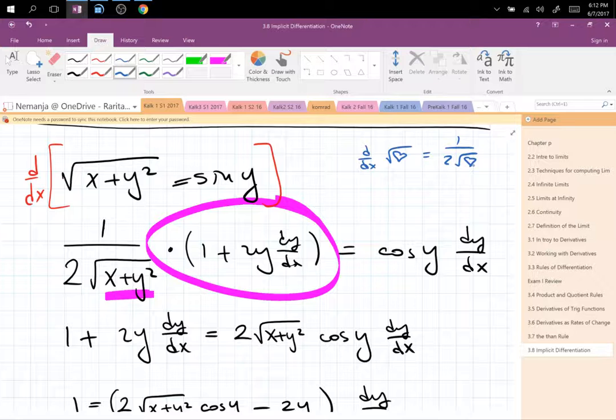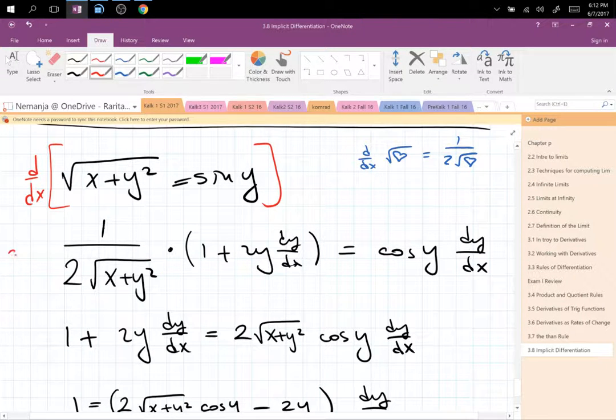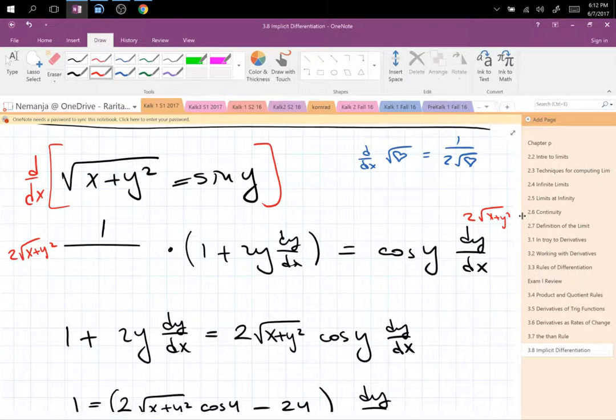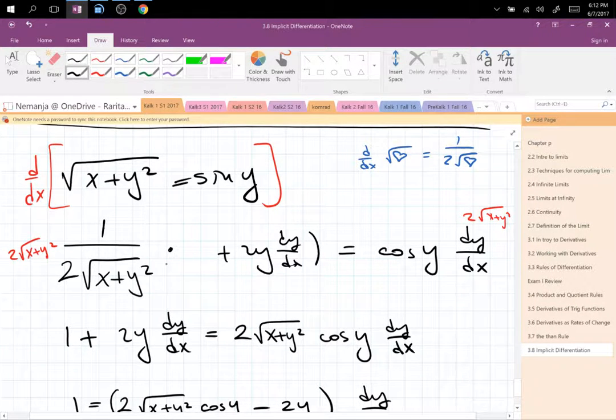Now, when I delete these purple marks, we multiply both sides by 2 square root of x plus y squared, because my denominator just disappeared. I multiply both sides because this is multiplication here.